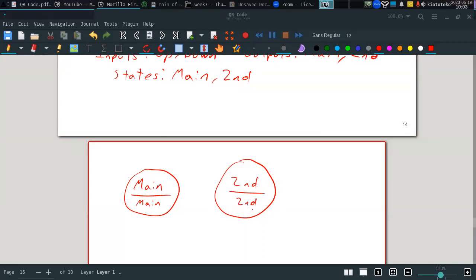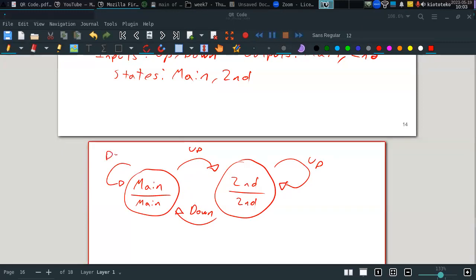Later we'll put some values to that, like a binary value, to represent that. But let's just think of it as this right now. Okay, so we need transitions. And this happens when you go up, when you go down, and in the second floor, if you press up, you stay there, and if you press down, you're here. So this is a state machine.